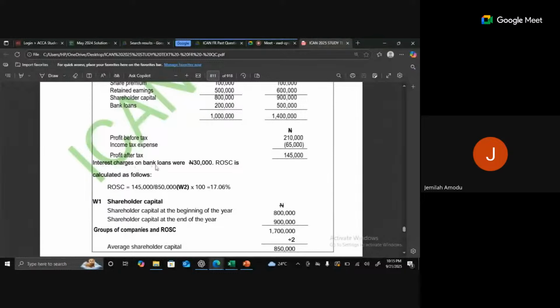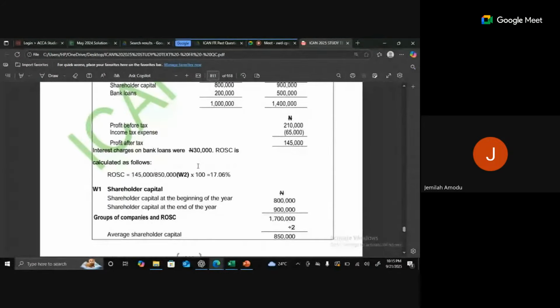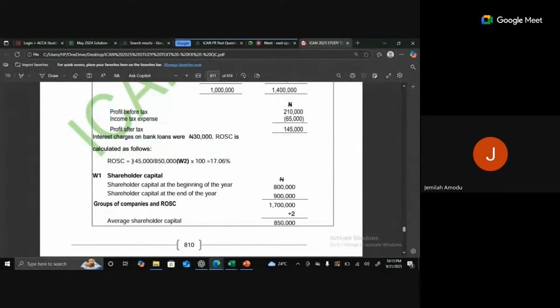There's an interest charge on bank loan with this amount. Now, they are calculating the return on shareholders capital. So our profit after tax is 145,000. That one doesn't need any working. So that is why you saw them just bring it down the way it is.